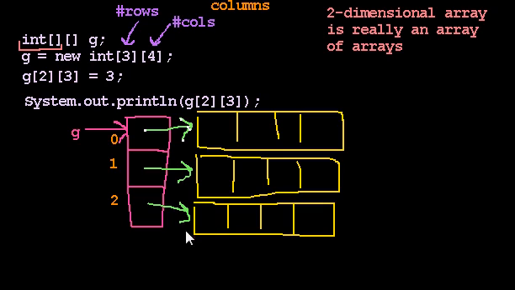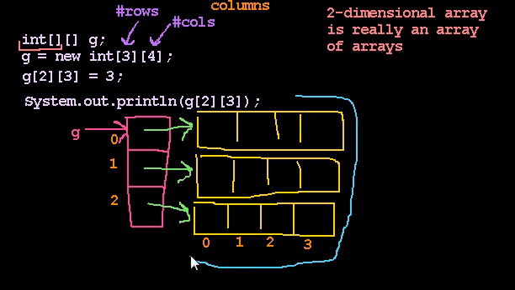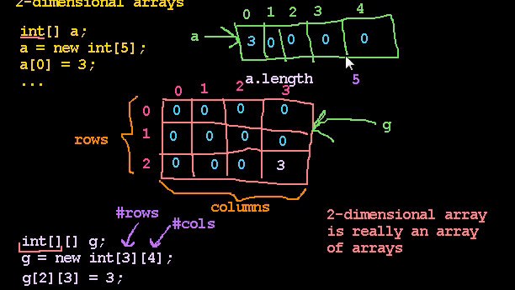I guess we'll number the indexes there too. So this part in blue is what I think of as my grid of integer values.